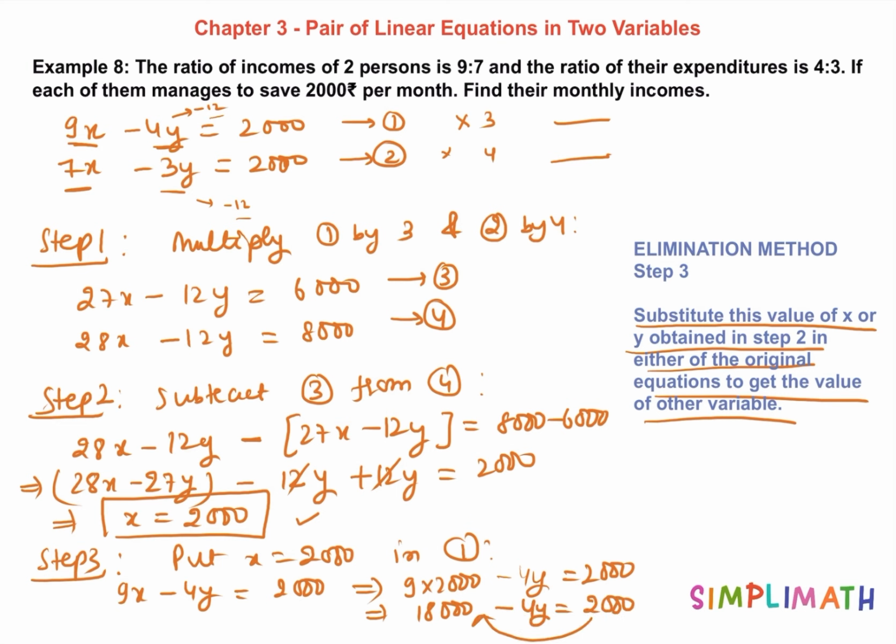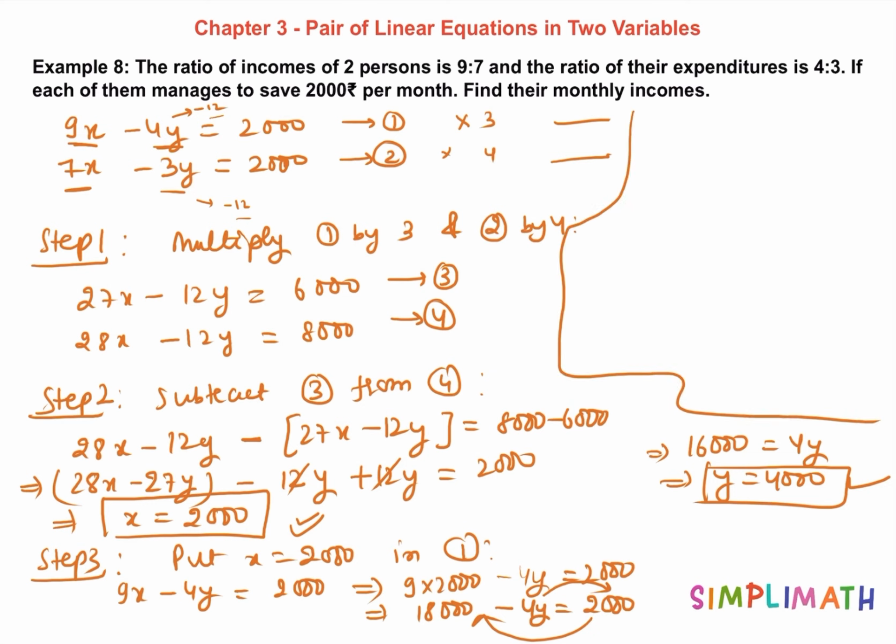So if we take 2000 to this side and 4y to this side, we have 16,000 equals to 4y and y is equals to 4,000. So here we have gotten the value of x and the value of y. So the solution of the given pair of linear equations, equation 1 and equation 2, is x is equals to 2000 and y is equals to 4,000.